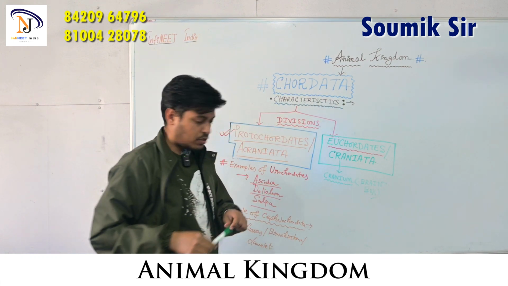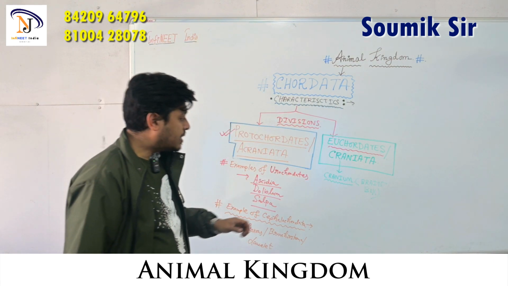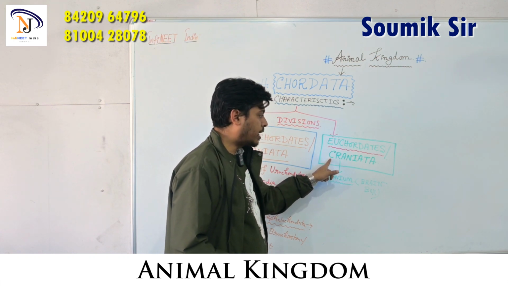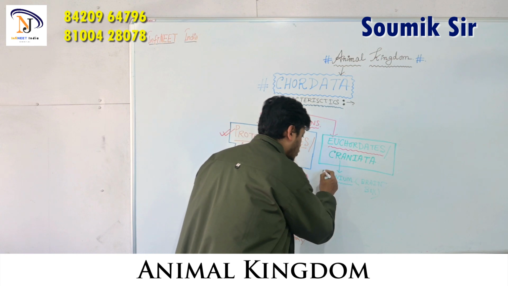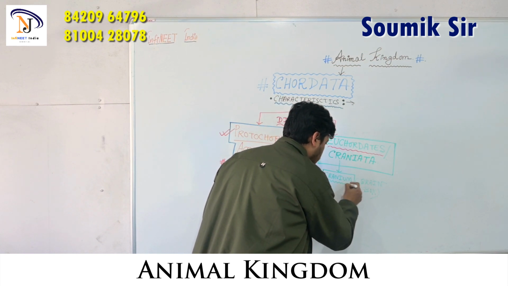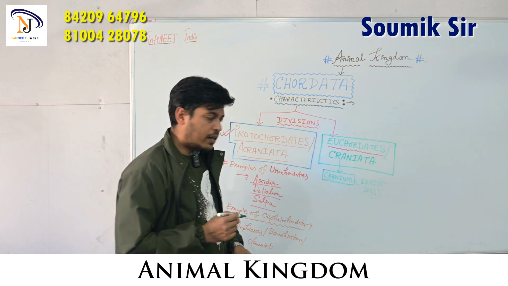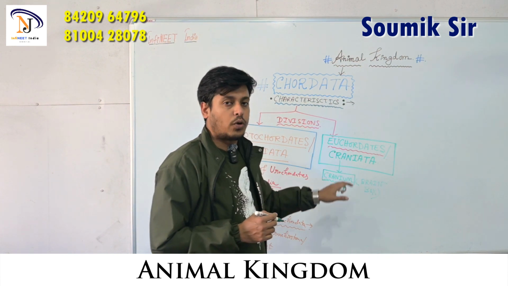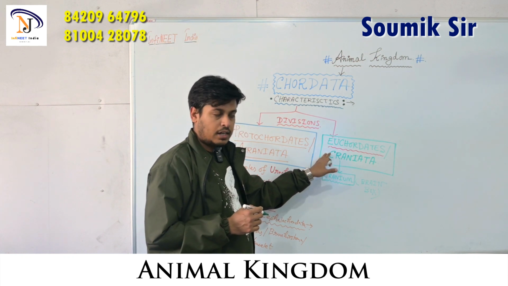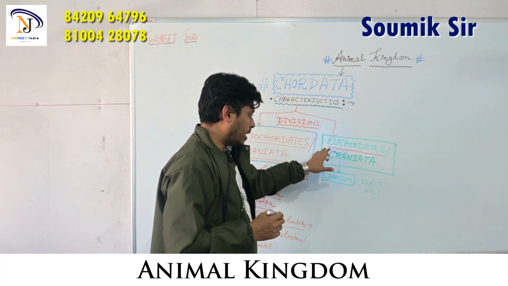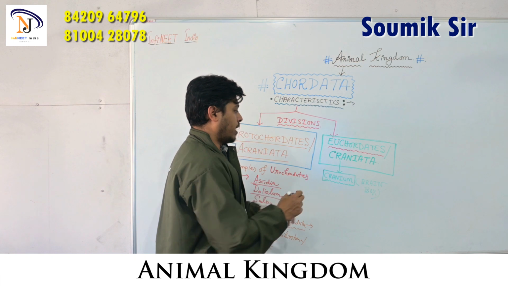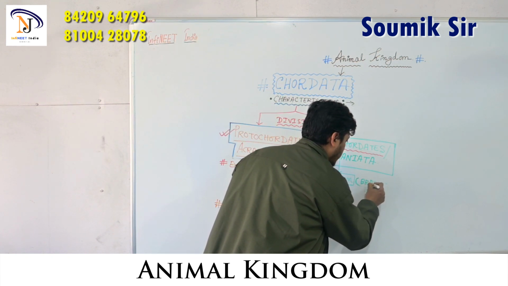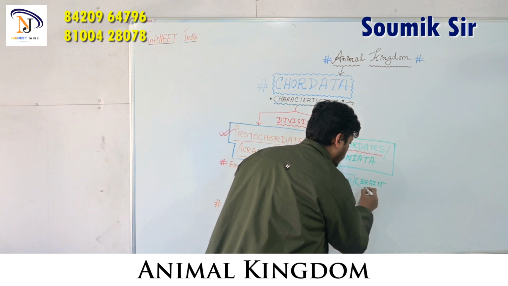The presence of cranium, this division is called craniata. And advanced chordates are also termed as euchordates. Cranium is present, this is the brain box.